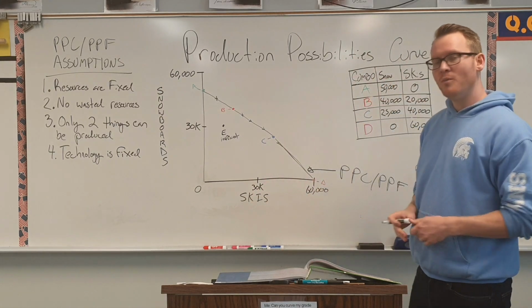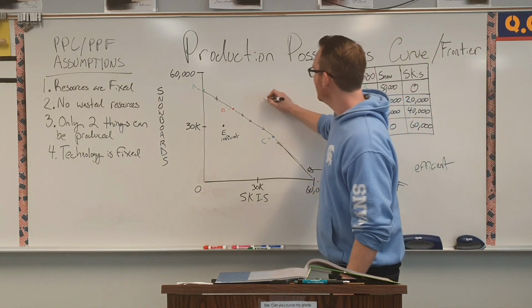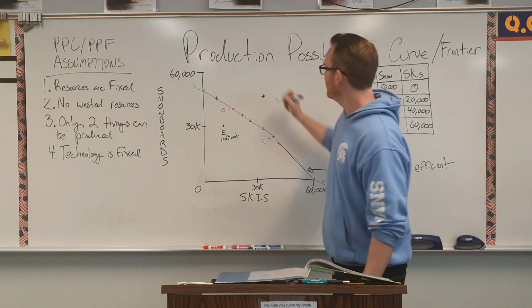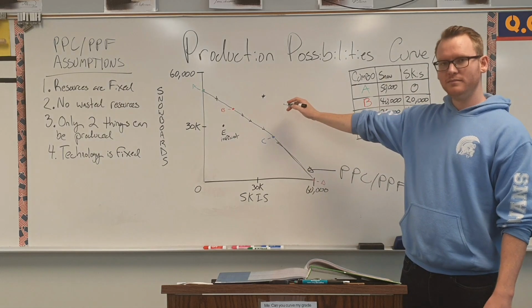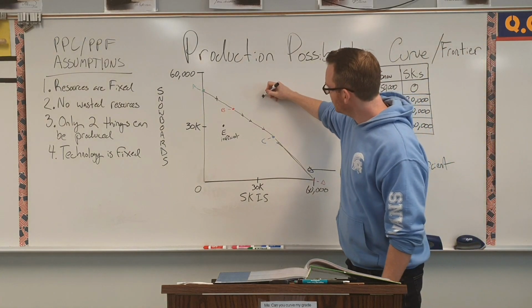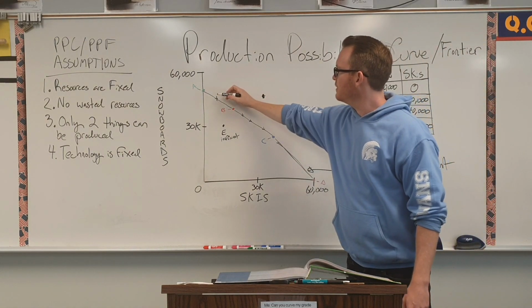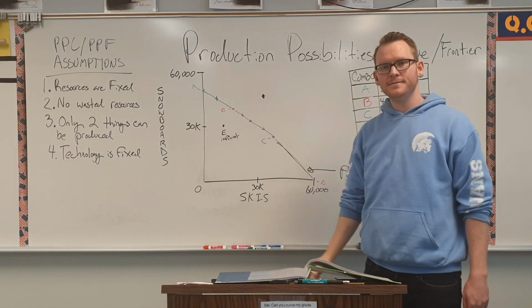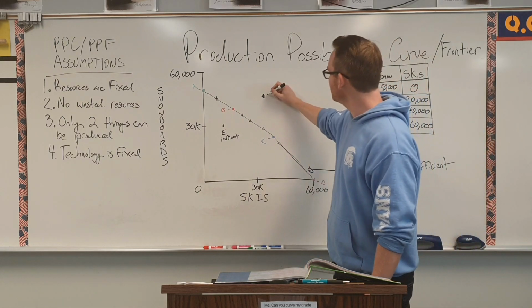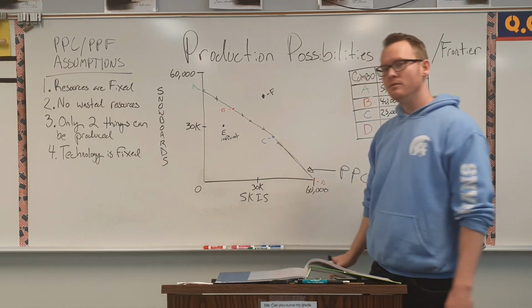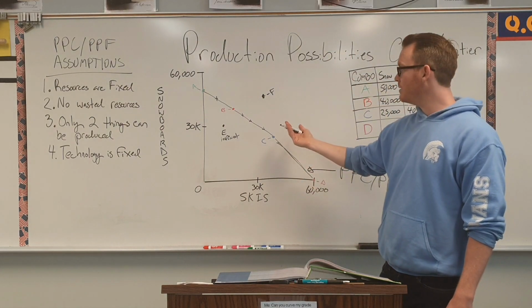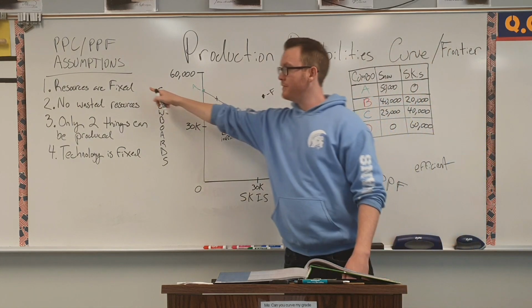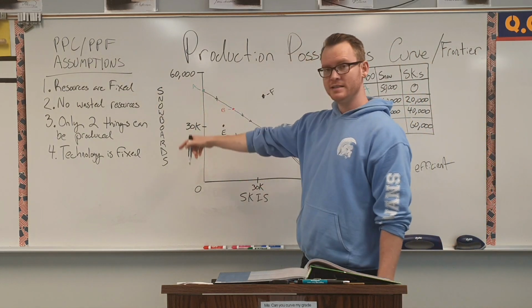All right, I'm going to show you one more point here. Let's say this point right here. Could we do that? Could we make 50,000 or 45,000 snowboards and 30,000 skis? Let's label this point F. No, this is not possible given our fixed resources here and our fixed technology.